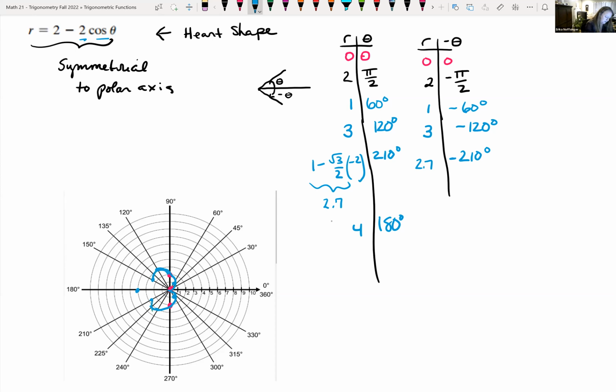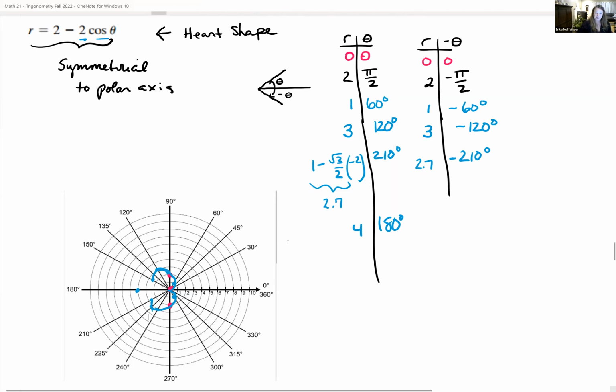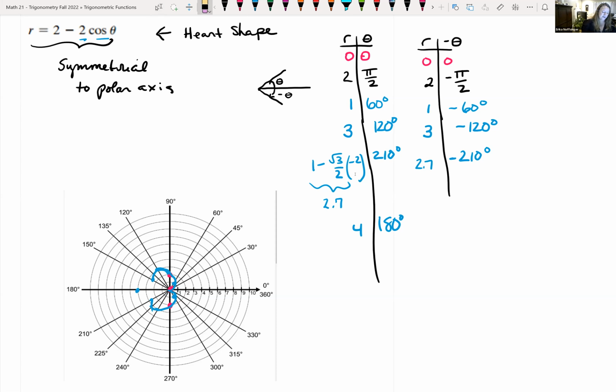Something's off though, because it doesn't look quite like a heart. I was kind of doing things in my head, so let me go back and check my work.